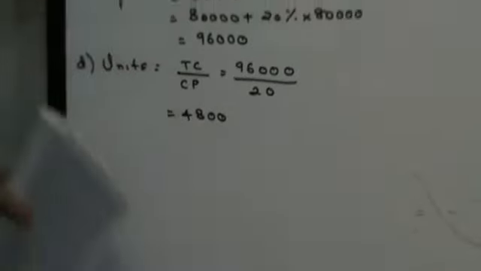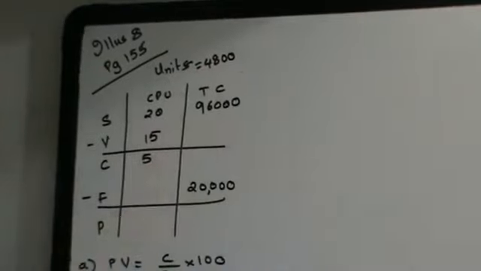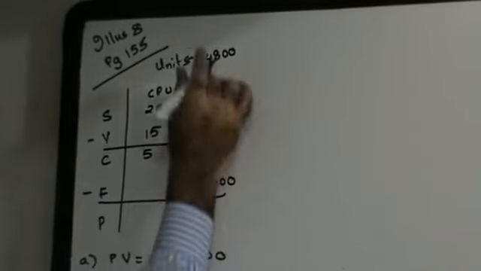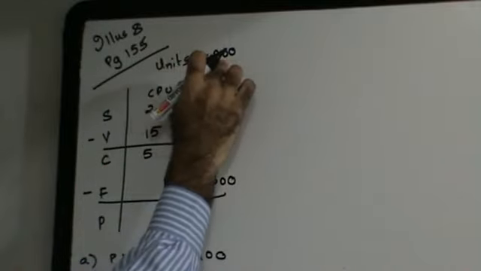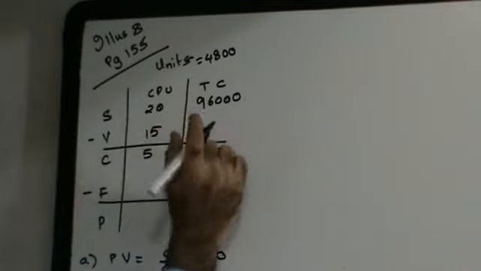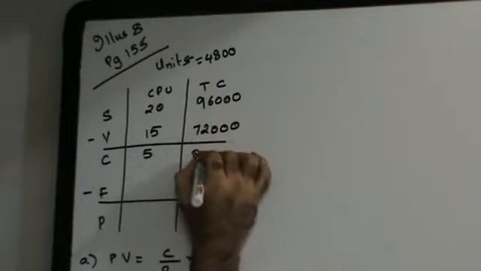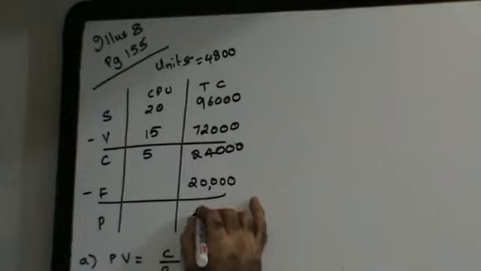Guys, now units are 4,800. 4,800 units into CPU gives you TC, 72,000. 96,000 minus 72,000, I just subtracted the two, 24,000. So the profit is going to be 24,000. Right? This is what they are asking in the sum. This finishes the sum. Next.